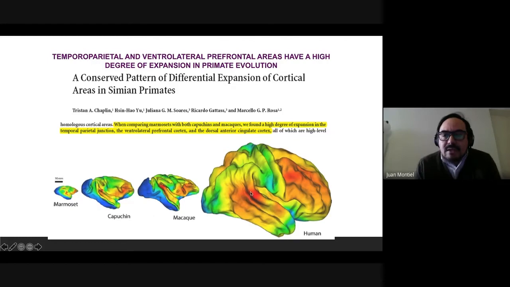It's increasing a lot. And also the prefrontal cortex. Both regions are associated to abstract processing of information, language, and different processes that are higher hierarchy of cognitive processing.